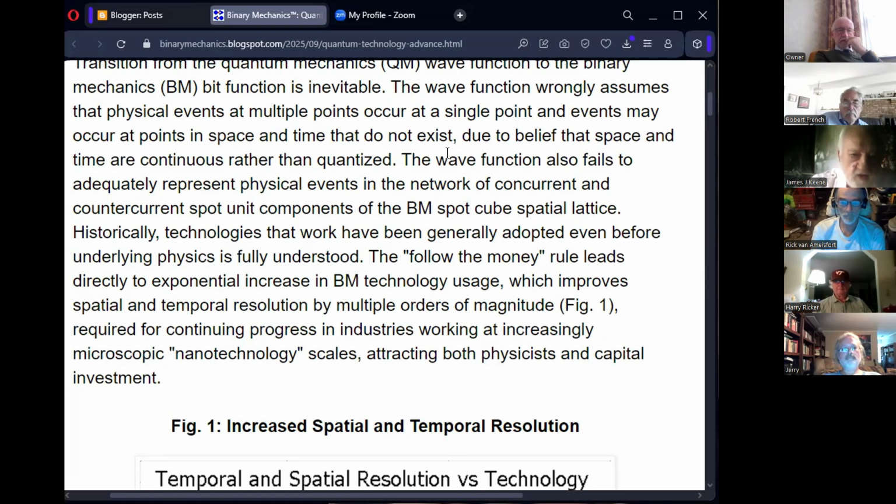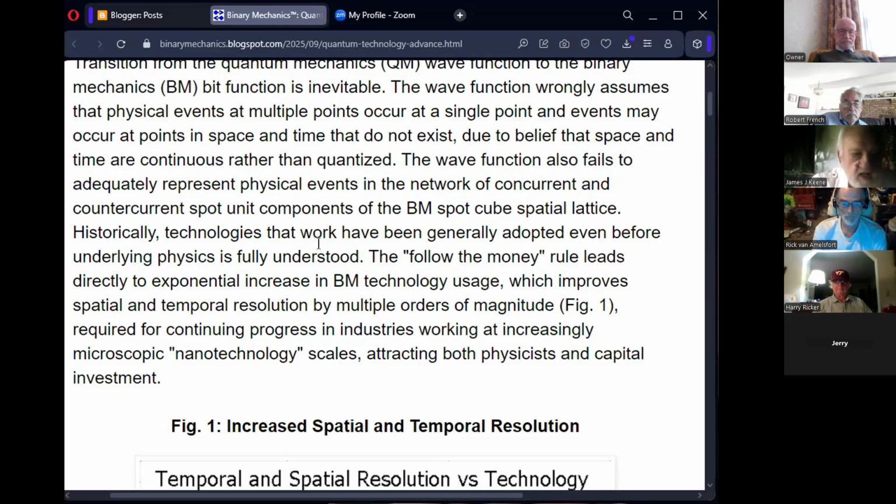The wave function, in other words the system state used in classical quantum mechanics, also fails to adequately represent physical events in the network of concurrent and countercurrent spot unit components of the binary mechanics spot cube spatial lattice.